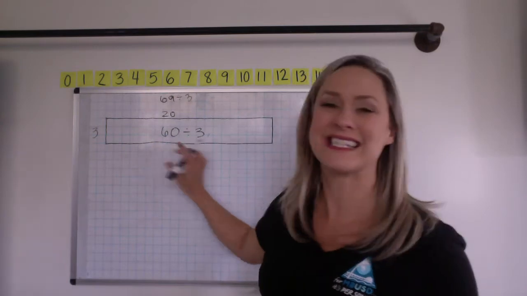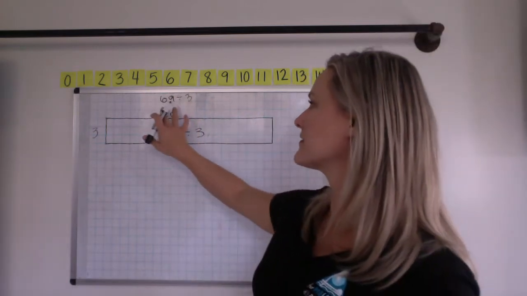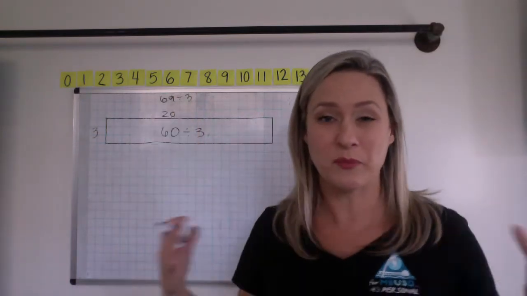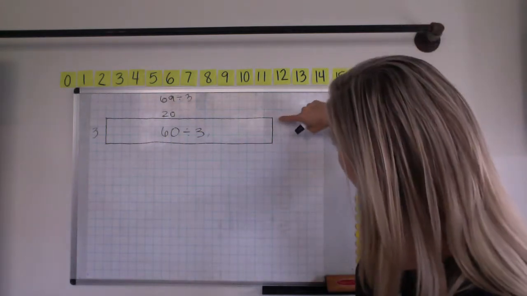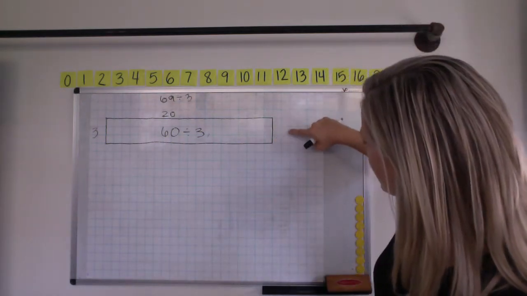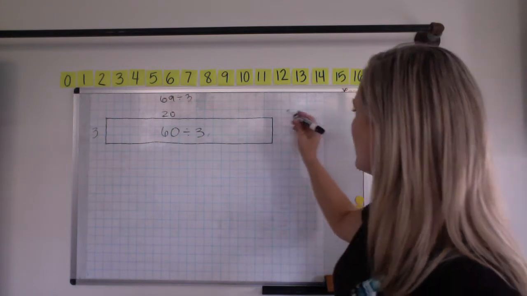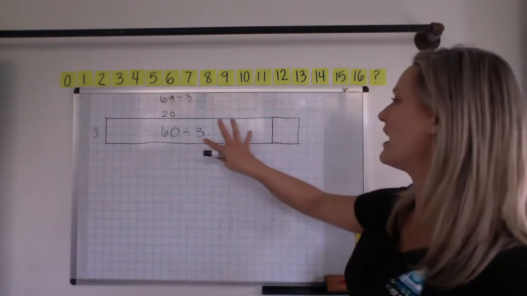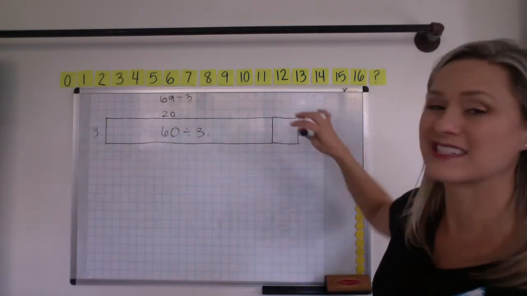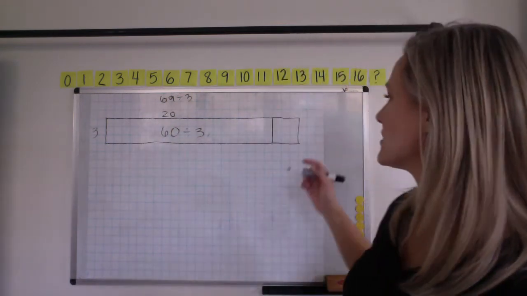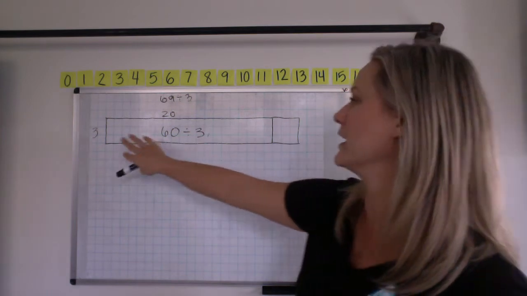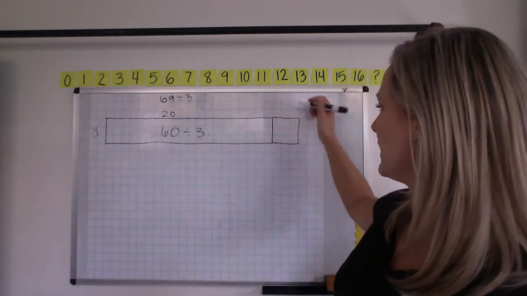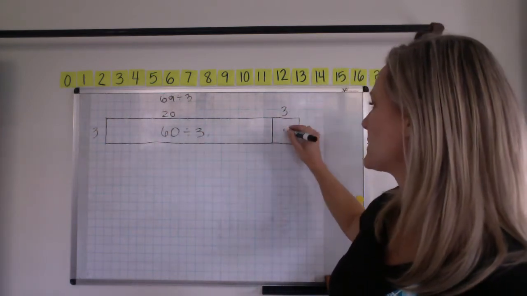Now, that's only 60 of our dots, though. We still have to get the other 9. We broke them apart, right? So I need 1, 2, 3, 4, 5, 6, 7, 8, 9. I'm going to put those right there together. So now I have literally 69 squares used up, right? So now I have 3 groups of 3 to make that 9.